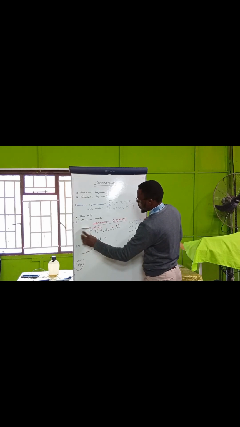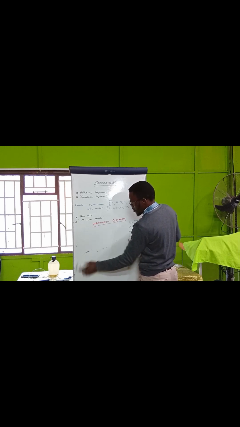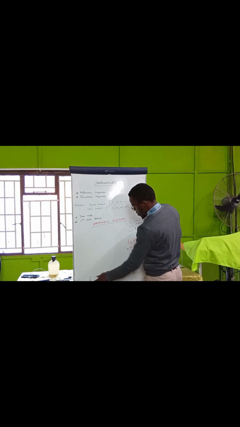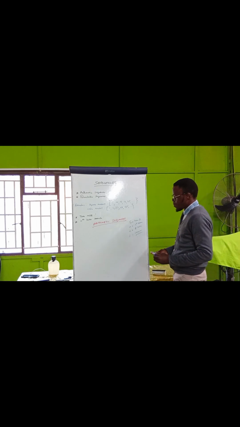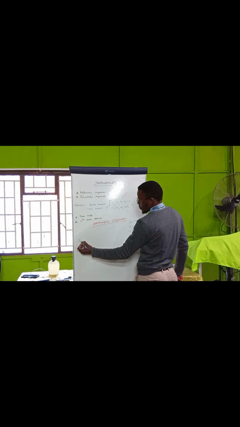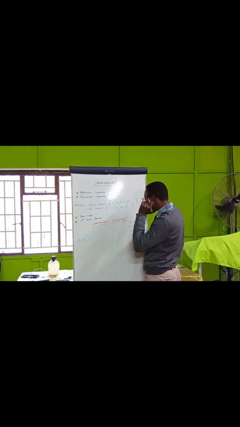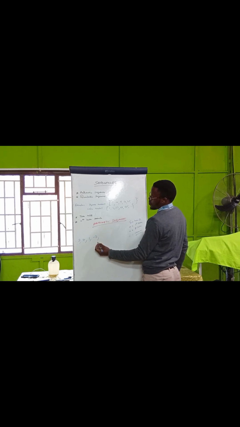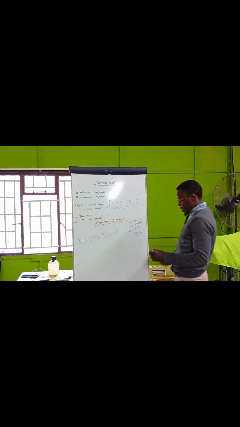So let's say our sequence now is 7, 4, 1, -2, -3. What would be the next three terms?